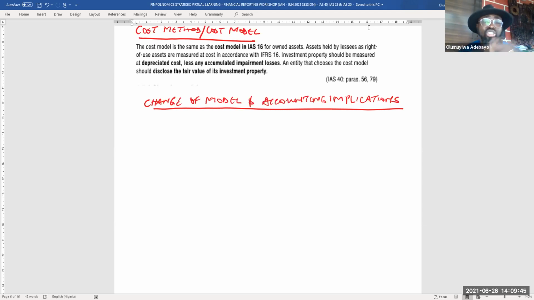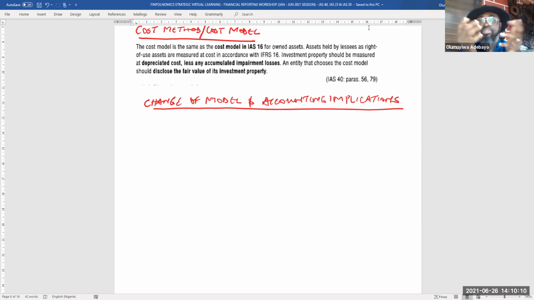And that's the role the auditor plays most times, to justify whether it is reasonable to agree with management for such a change in methodology. But again, even when you've passed the test of satisfying the condition to bring about the change, there are still implications for those changes. What are the implications?